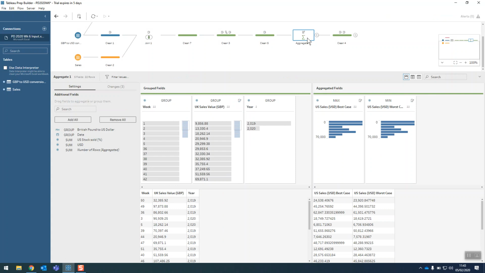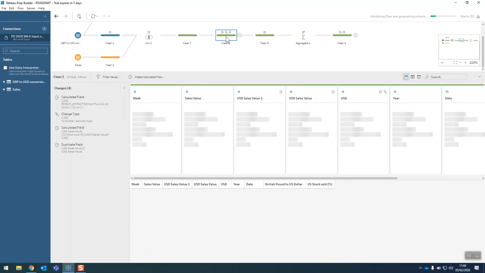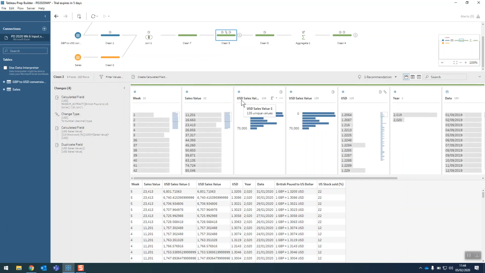So that's the only thing that's going on in that step. So now comes the reason that we've done all the cleaning. We're saying for each week, we want to know what's the best case scenario and what's the worst case scenario for our currency conversion. So we're just taking that field that we had, I think I called it USD sales value.